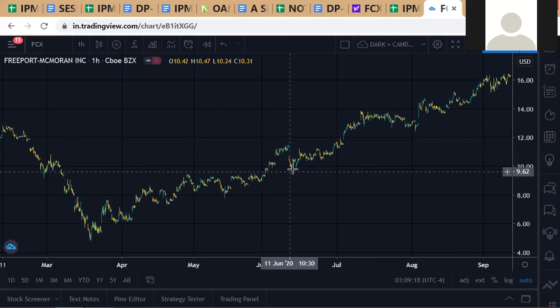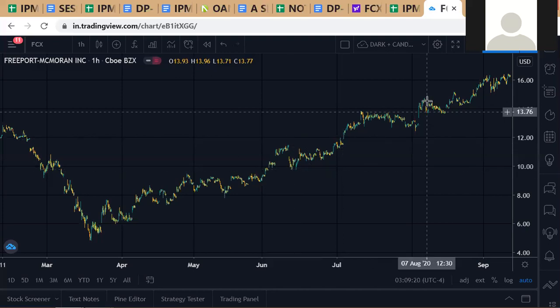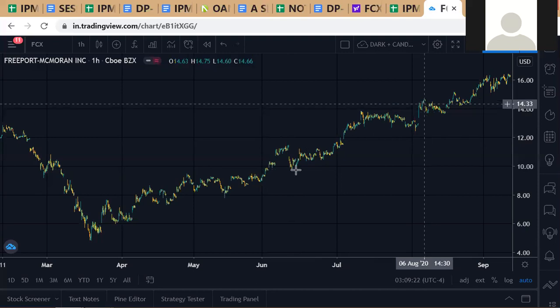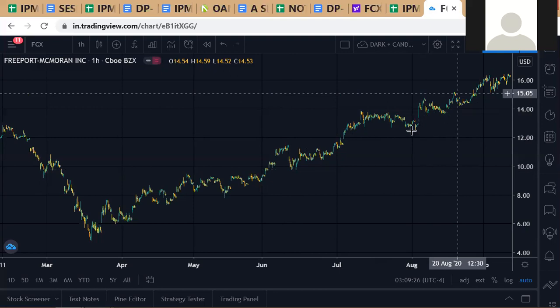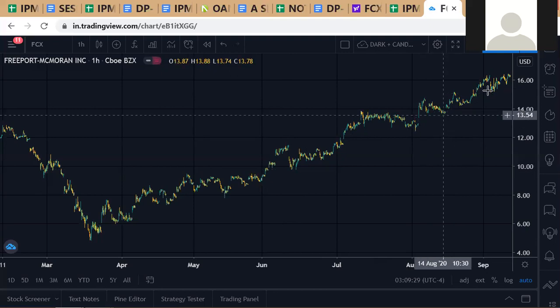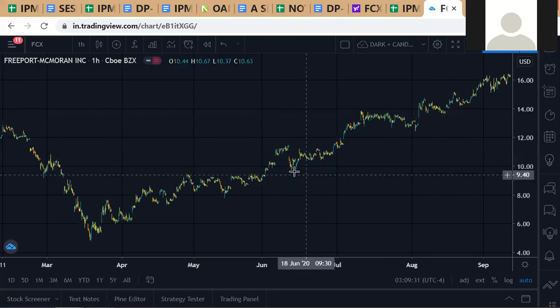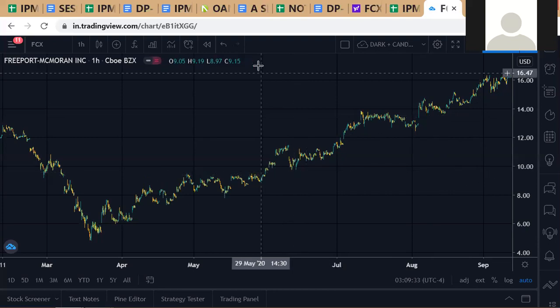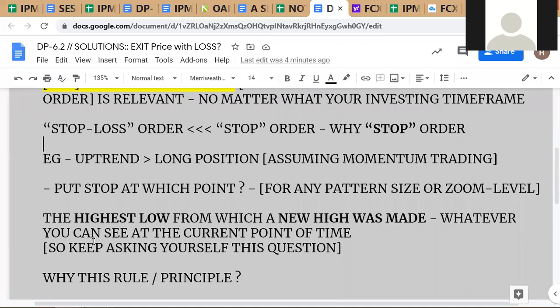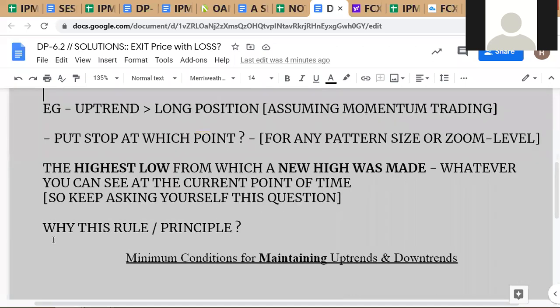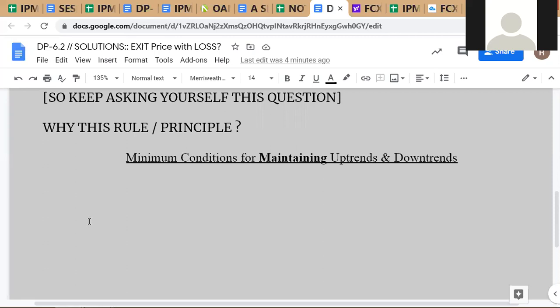So initially the answer is here. But when he comes here, the answer is no longer this, the answer is this. When he comes here, the answer is no longer this, but this. So your stop has to always be at this point, which is the answer to this question. Okay. So your stop should always be at this point.